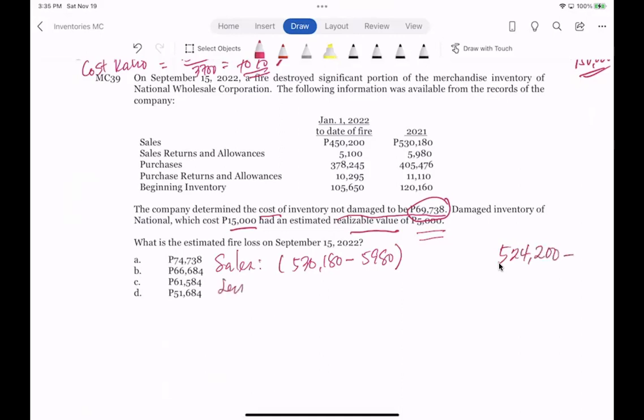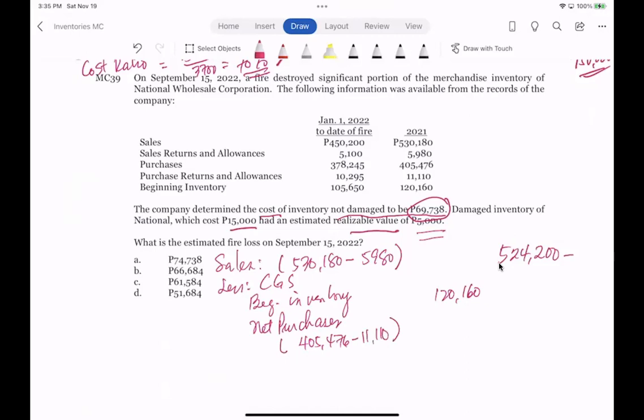Deduct cost of goods sold. So we have beginning inventory of 120,160. Add net purchases. For purchases, everything is considered. So that is 405,476 minus 11,110.